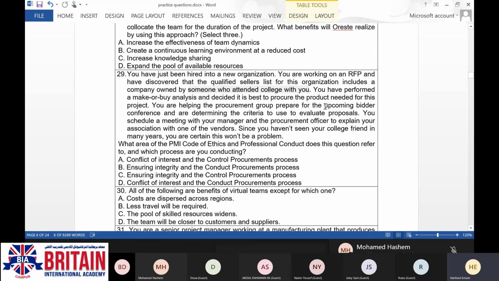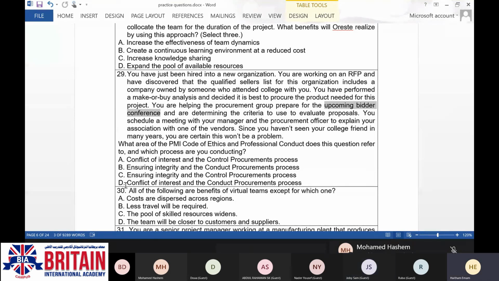The upcoming bidder conference is part of what? Conduct procurement process. So now the right answer is conflict of interest and the conduct procurement process. Okay. Thank you. Now let's move.